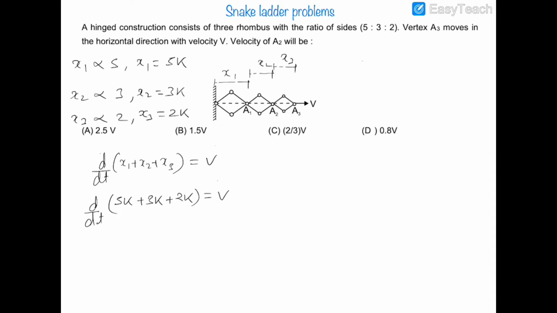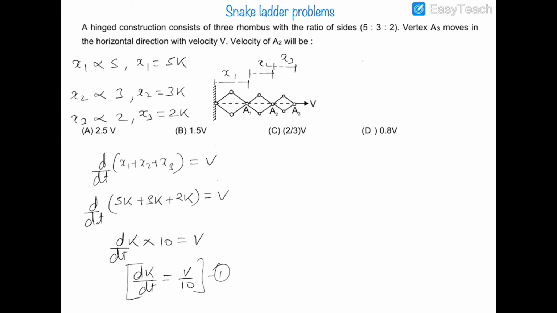So d by dt of k, into 10, is equal to v. So dk by dt is equal to v upon 10. Now this is the first equation.